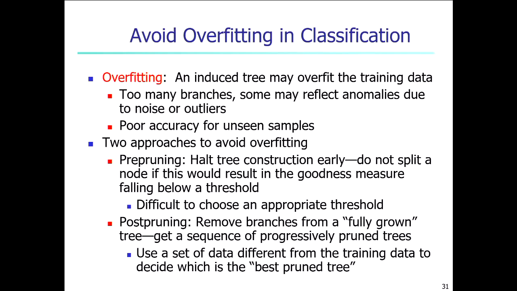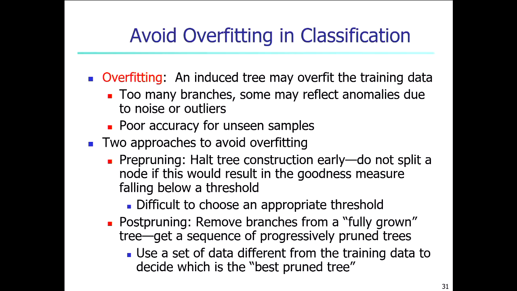So overfitting. Overfitting is a very annoying and yet important issue that you will always have to deal with when you use a classifier or when you do a machine learning project. I think we will give a little bit more examples later.